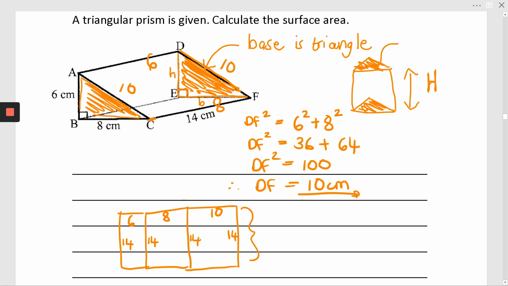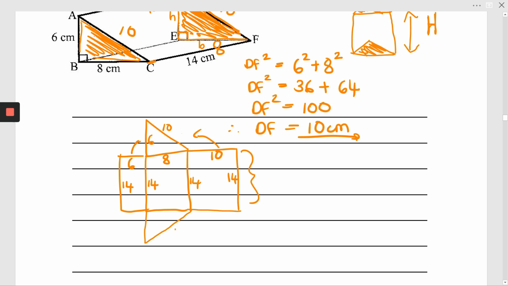And then, of course, I know that this has to map onto the 10, and this has to map onto the 6. And these net diagrams only have 2 triangles for the top and the bottom, and then they have their 3 rectangles. So either way, I need the 10 from Pythagoras, but I'm going to be able to work with it in different ways depending on my method of choice.